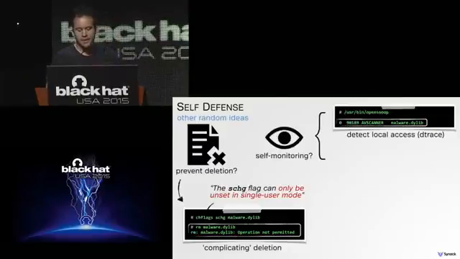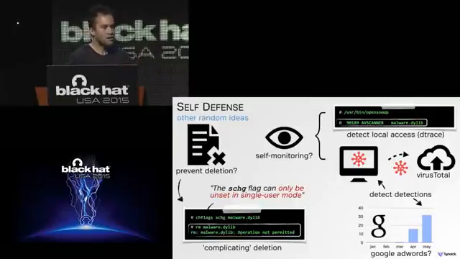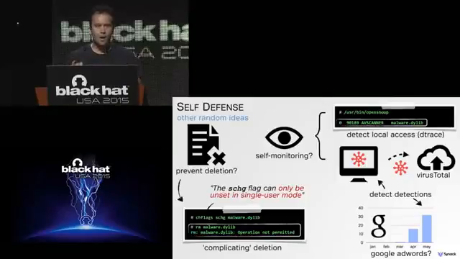Another self-defense mechanism is self-monitoring. The worst thing that can happen to a piece of malware is compromise. So malware should know if it's been detected. As I mentioned, the way most malware is found is a user finds some weird or suspicious file and uploads it to VirusTotal, copies it to a USB stick, and then passes it off to analysis. Malware should know if this has happened, right? It's running on the system where that happened, usually.